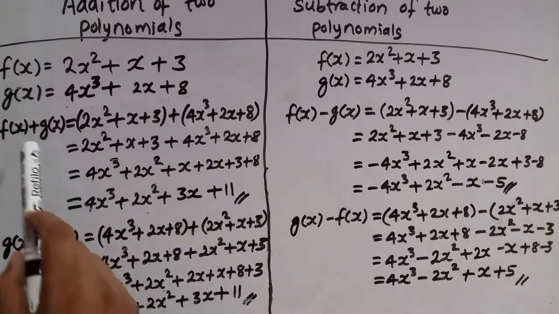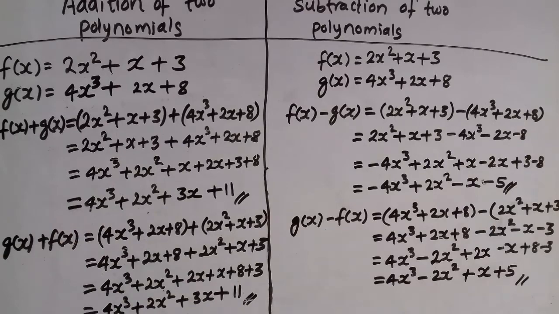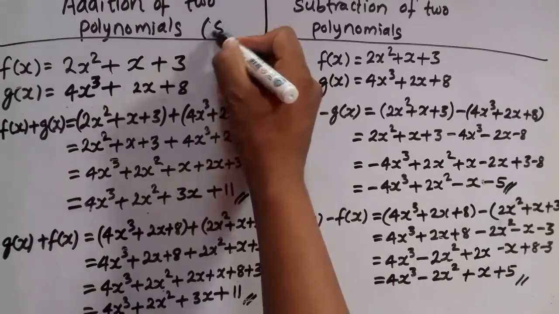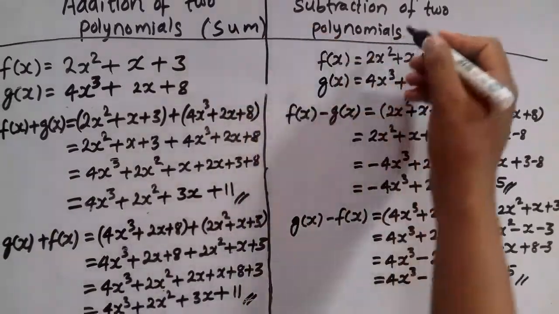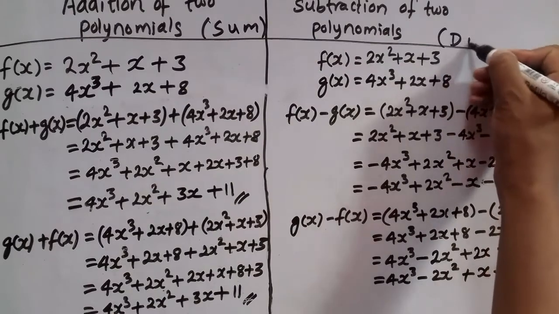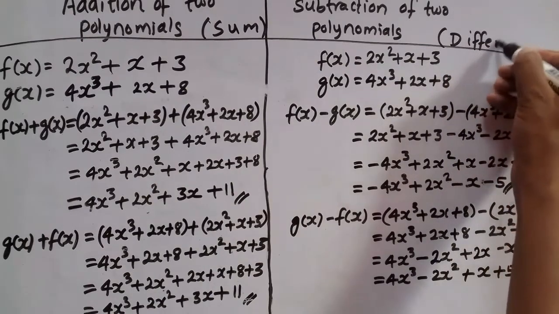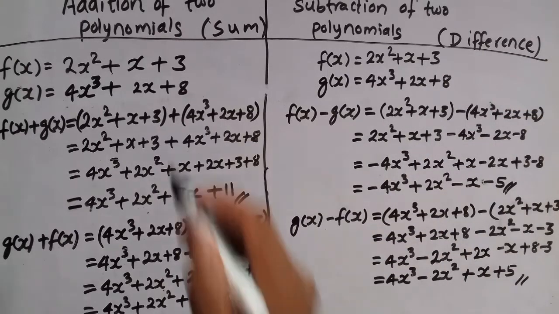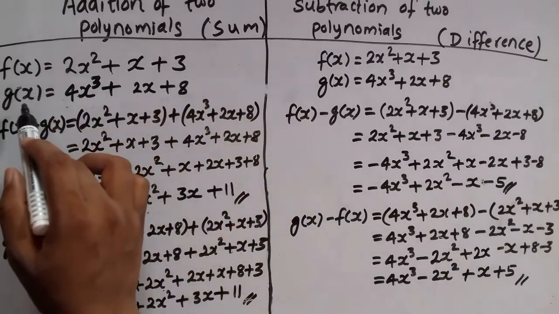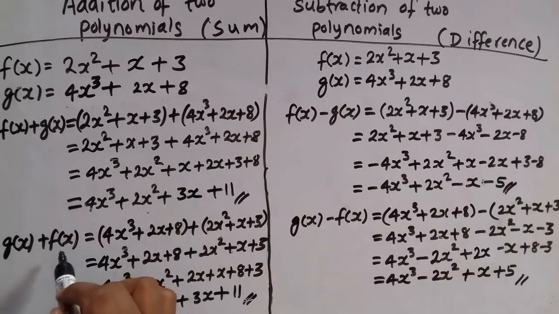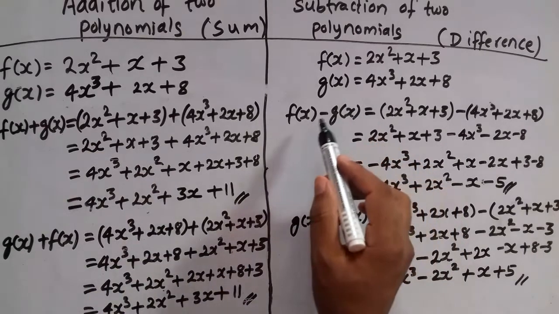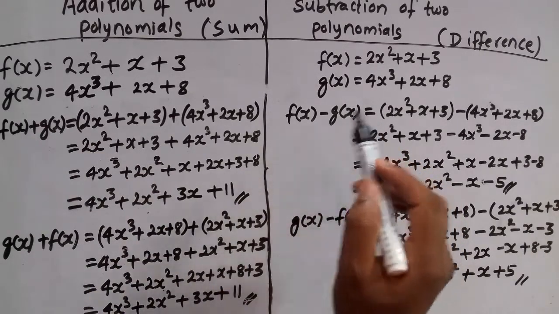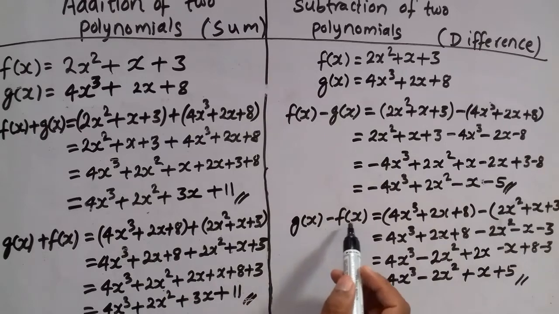So the answer of addition is called sum, and the answer of subtraction is called difference. So the sum of fx plus gx and gx plus fx is same, but the difference of fx minus gx and gx minus fx is not same.